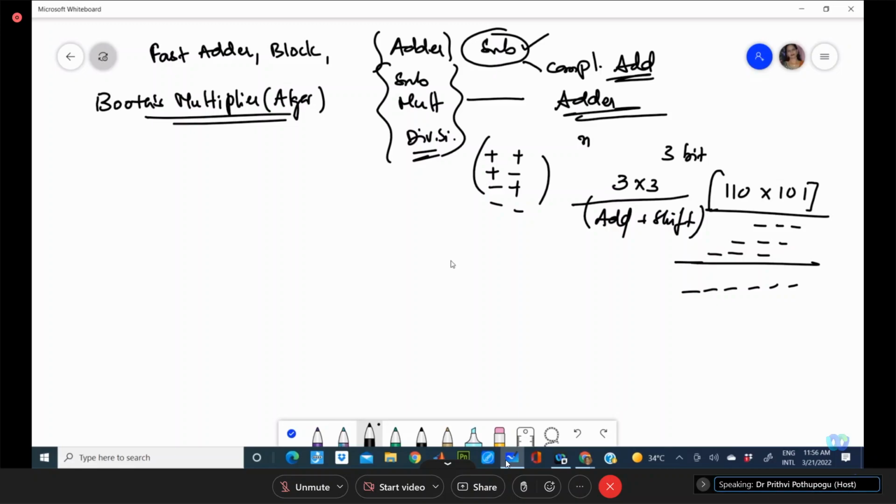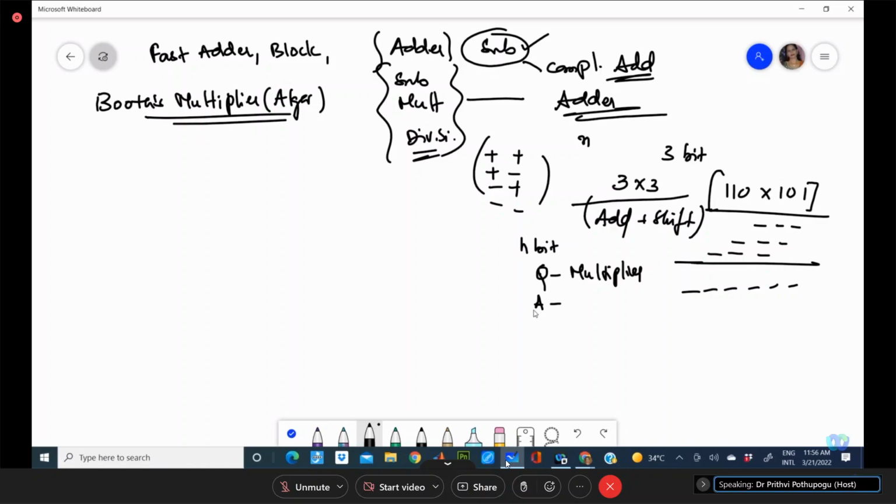Booth's algorithm says that if you are doing n-bit multiplication, your multiplier is defined by Q, and there is an accumulator, something related to our microprocessor, and we take the same nomenclature. A indicates the accumulator, wherein you are storing the data.